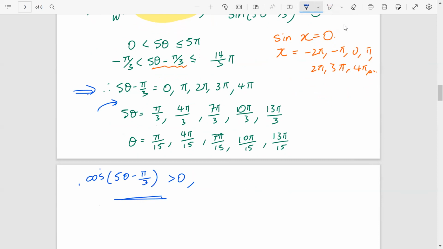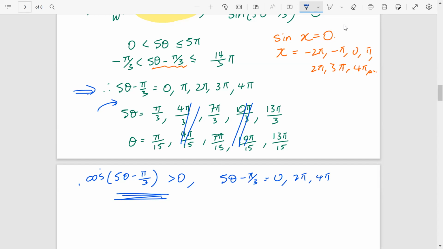So you see that cosine 0 is 1. Cosine pi is negative 1. Then 1, negative 1, 1. So because of that, your 5θ − π/3 is left with 0, 2 pi, and 4 pi. So the others are out. Because we want it to be greater than 0, you want real and positive.